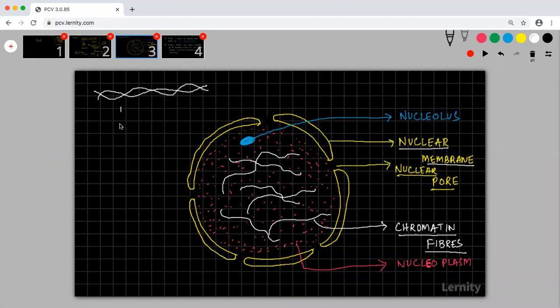If this DNA is getting packed closely, let us say that these are the fibers. So when the DNA is getting packed, what will you get? You will get chromatin fibers. Are we able to understand?